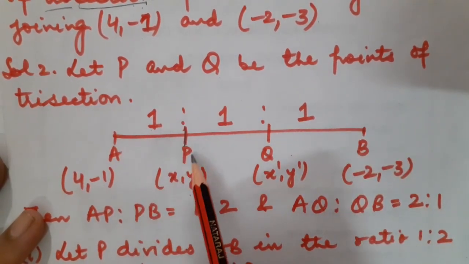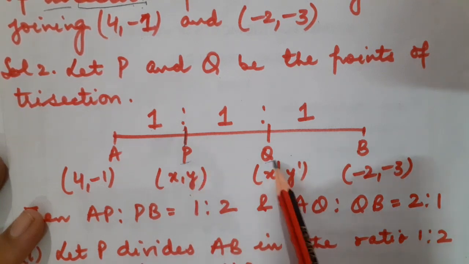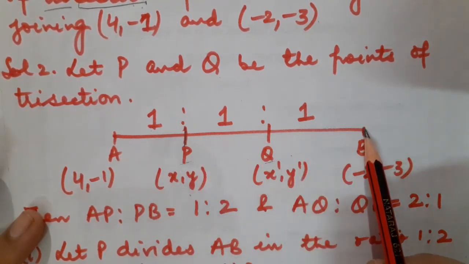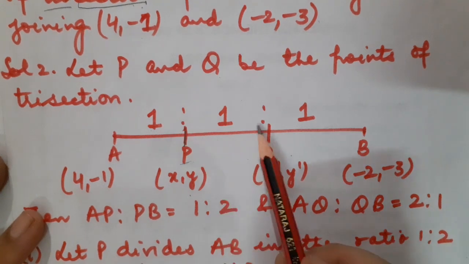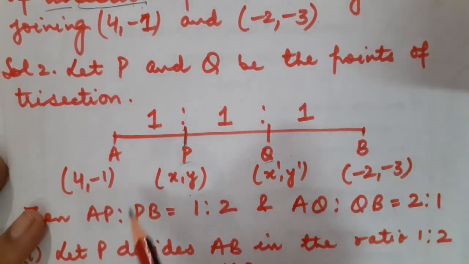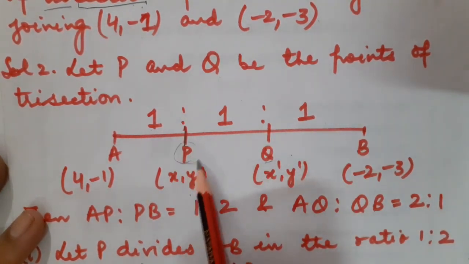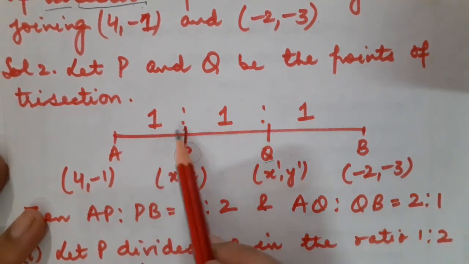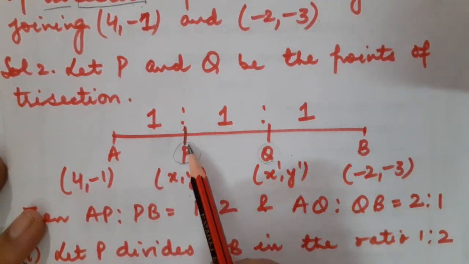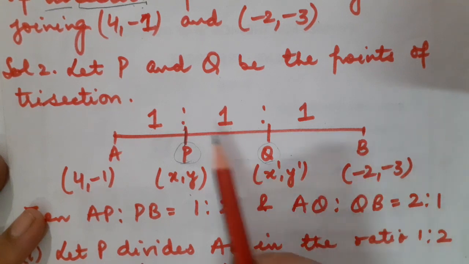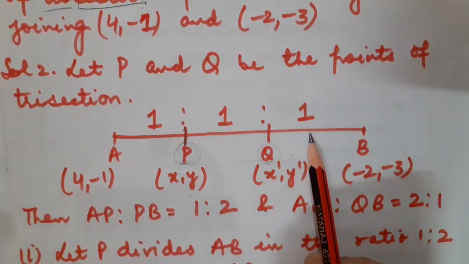So point P as well as point Q divide this complete line segment in the ratio 1:1:1. Or in other words, P divides AQ in 1:1 and Q divides the rest, that is PB, in 1:1. This can also be read like this.